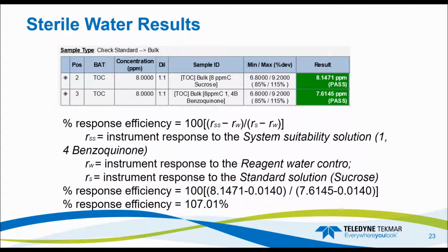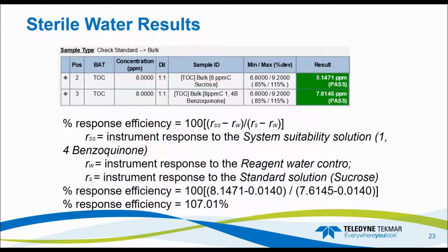All right, so sterile water results. This is the 8 ppm check of sucrose and benzoquinone. When the software was written, of course, this wasn't in the software, so I just set these up as check standards. But that works great. You still will have to calculate it yourself, so I just ran the math real fast.